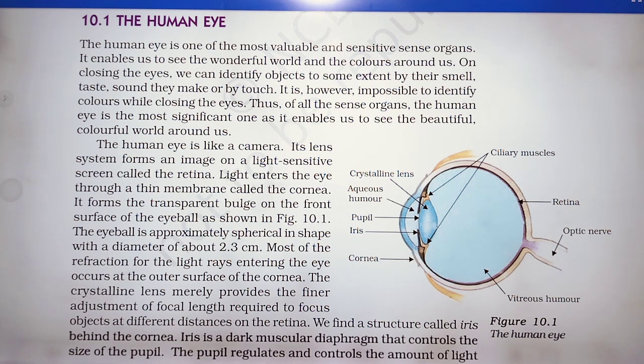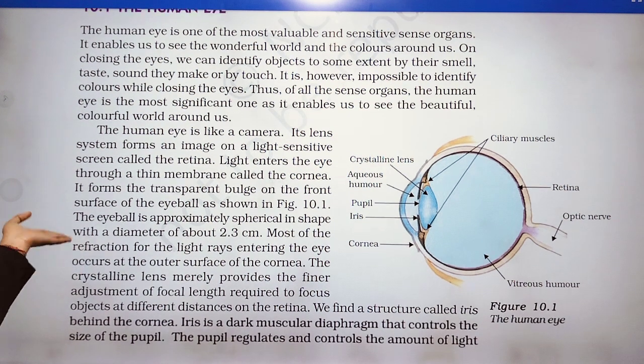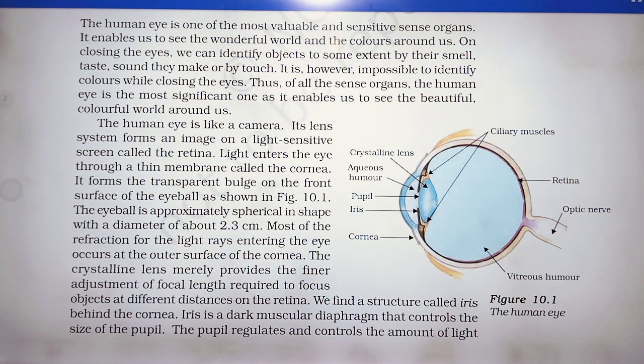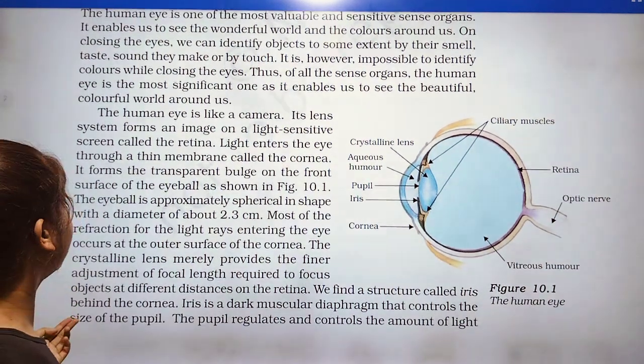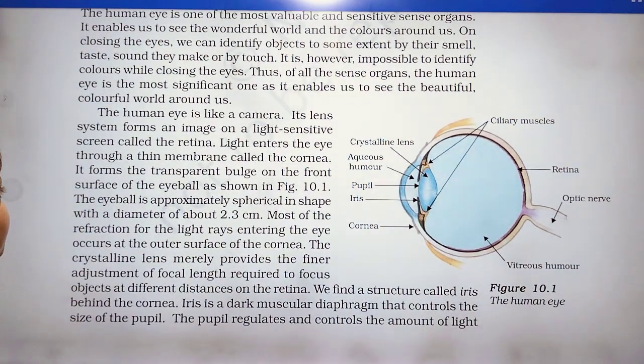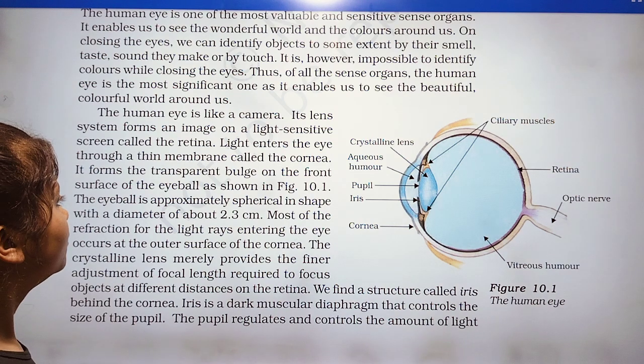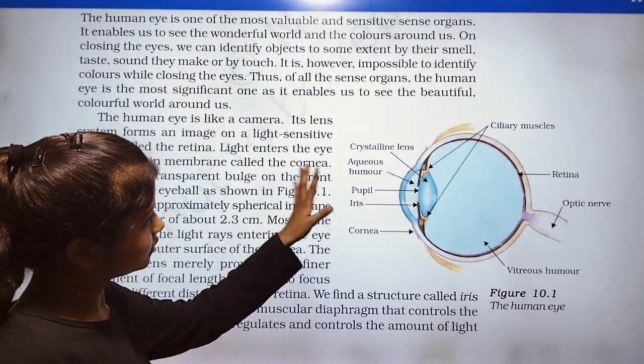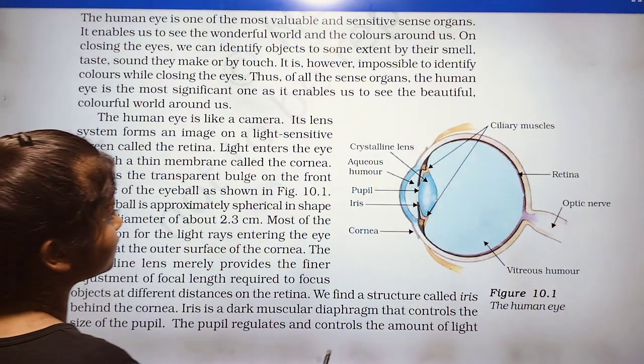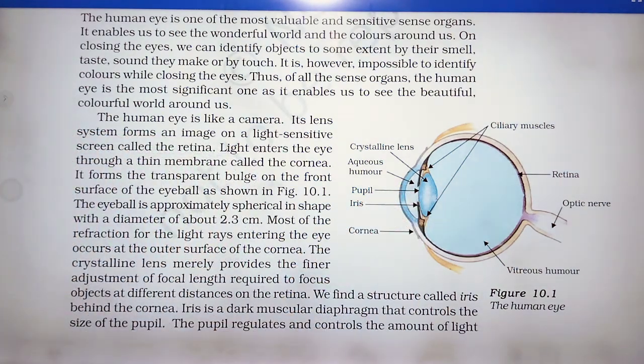Light enters the eye through a thin membrane called the cornea. With the help of the cornea, light first enters through this thin membrane. It forms a transparent bulge on the front surface of the eyeball, as shown in the figure.